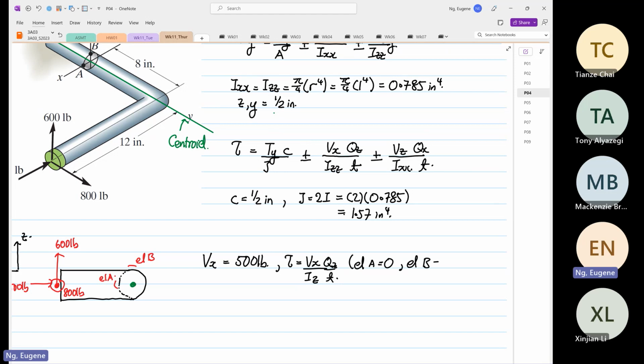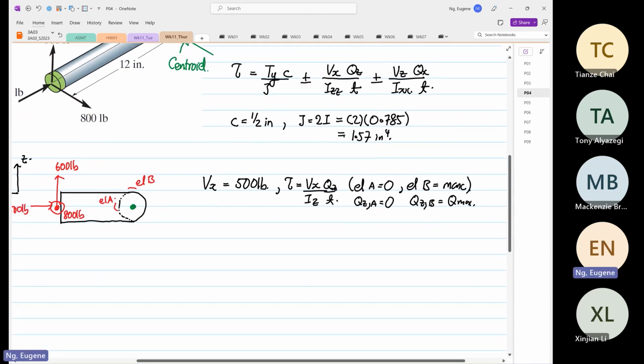Element B will be at its maximum. This is because the Qz at A is equal to 0, and the Qz at point B will be Q max.